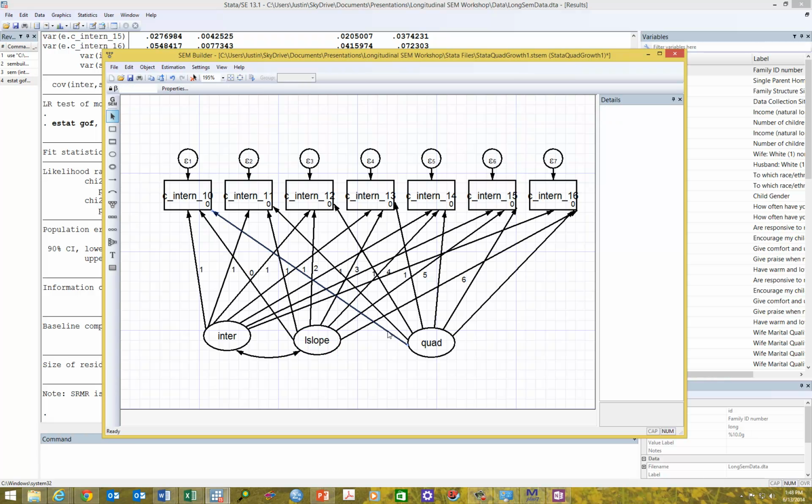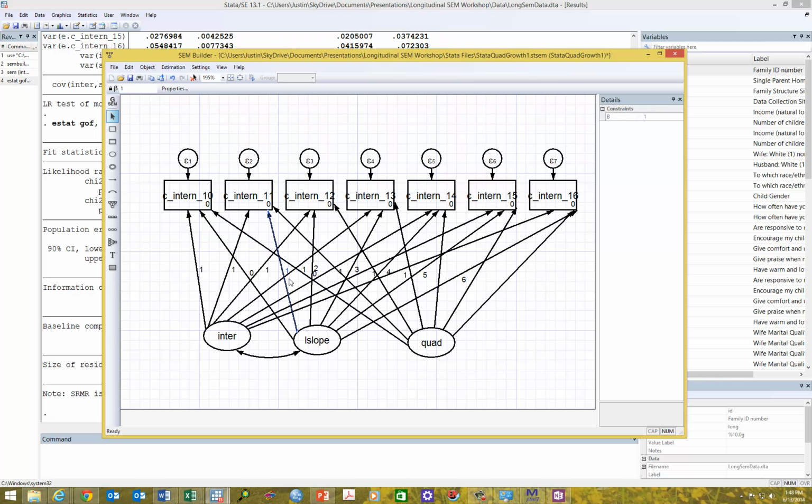And so we're going to make this the quadratic effect. The effect of the linear slope on this one is 0. And so for the corresponding one from the quadratic, we're just going to square that, and of course the square of 0 is 0.